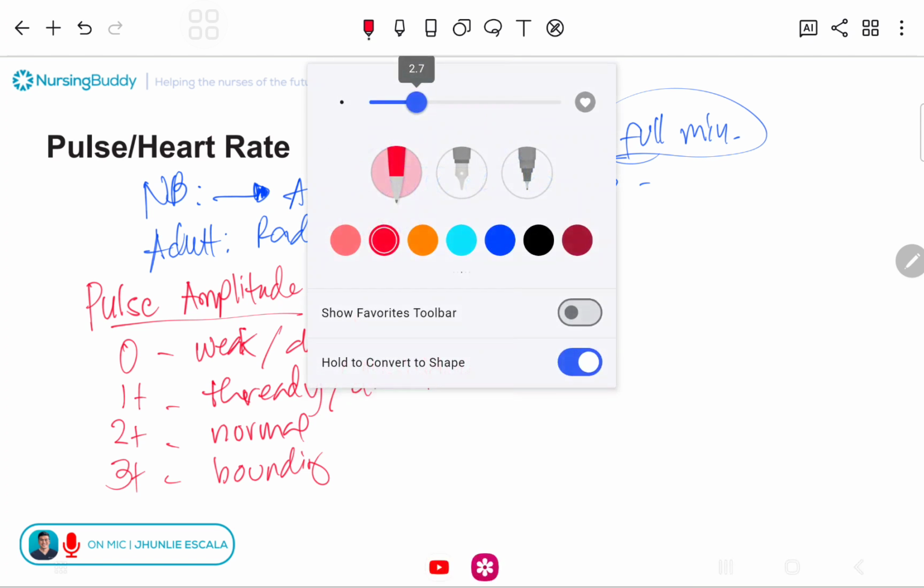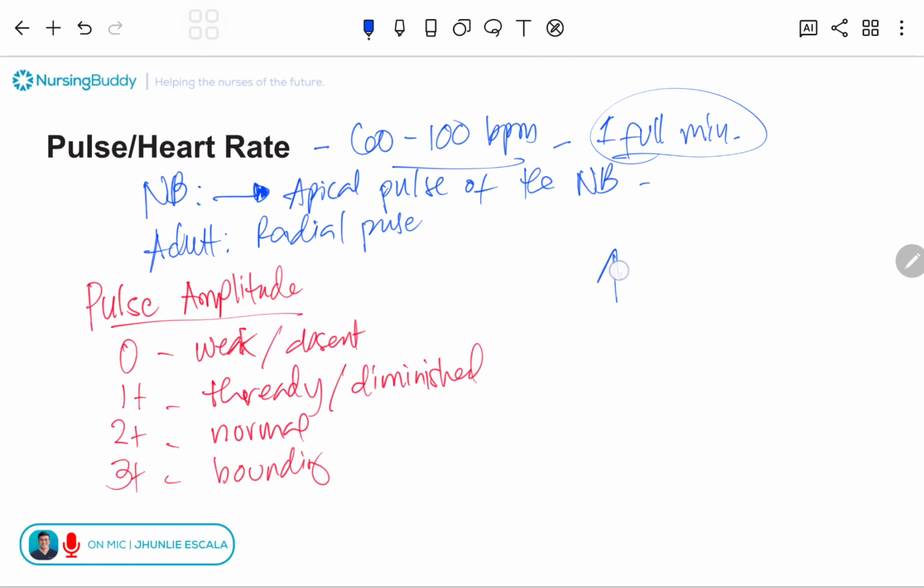So, ulit, kapag mataas po ang ating heart rate, that's what we call as your tachycardia. Very good na indication po nito is actually, big word in the board examination, your impending shock or early stage of your shock.